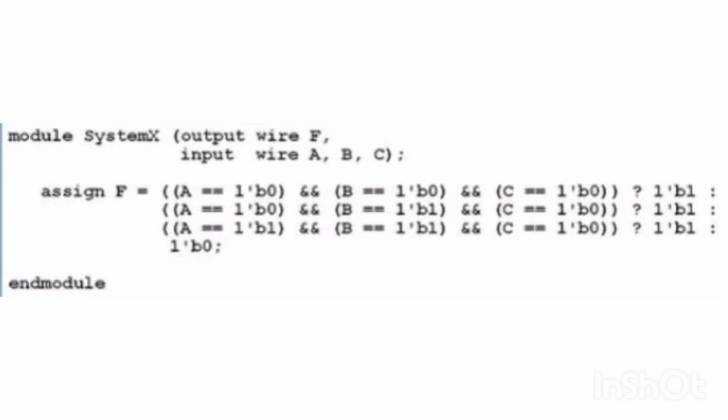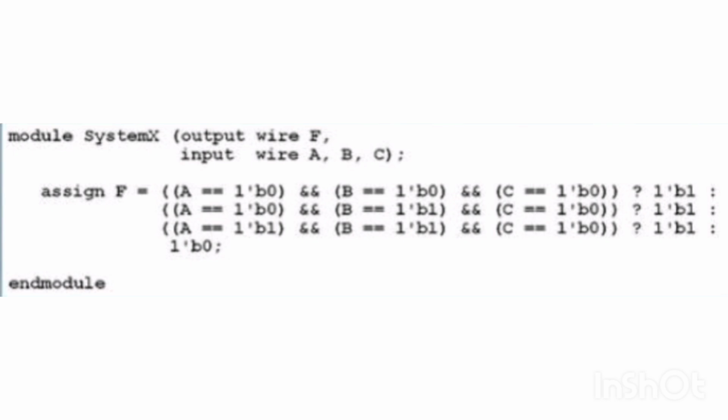The previous program is actually reduced to a more compact form over here. Here, for the three mentioned combinations for which output f is equal to 1, they have only taken those for writing the code. For example, the first combination was a equal to 0, b equal to 0, and c equal to 0, and for that, if it is true, the selected output will be 1.